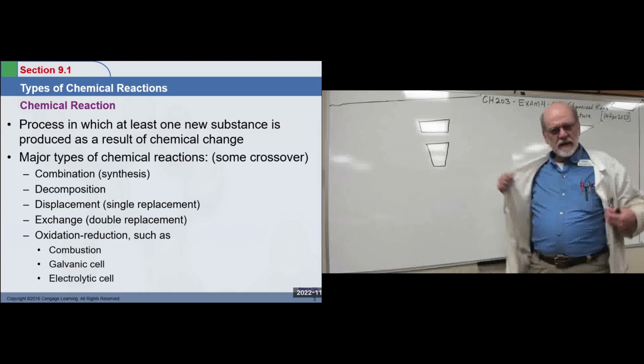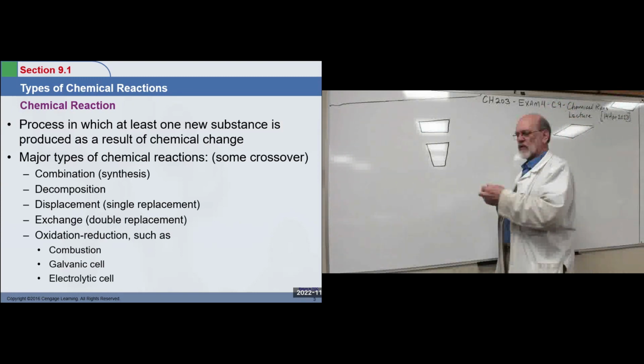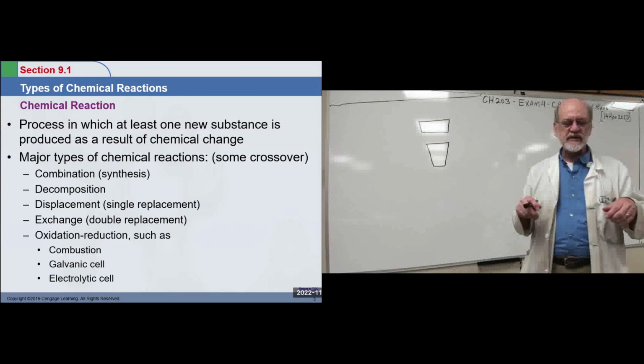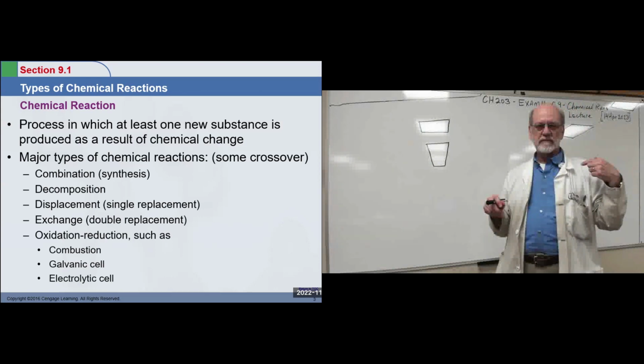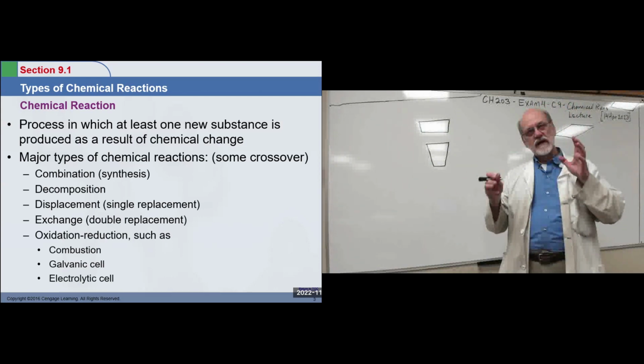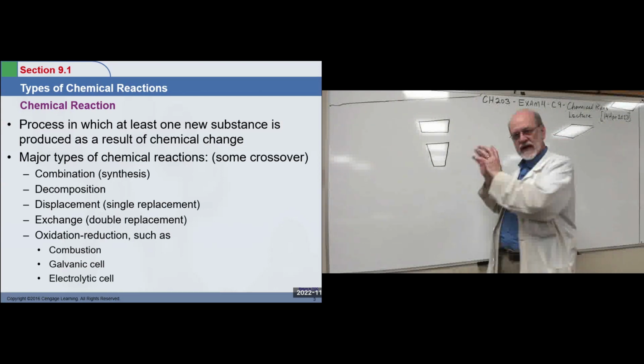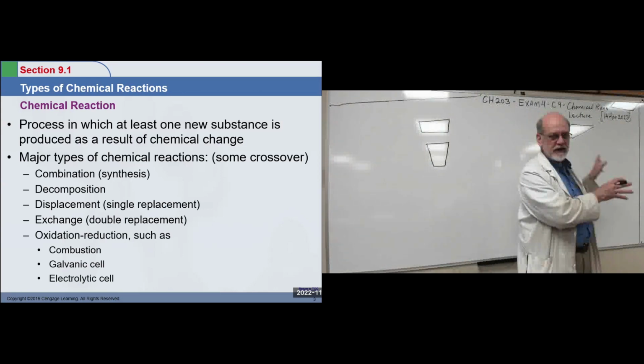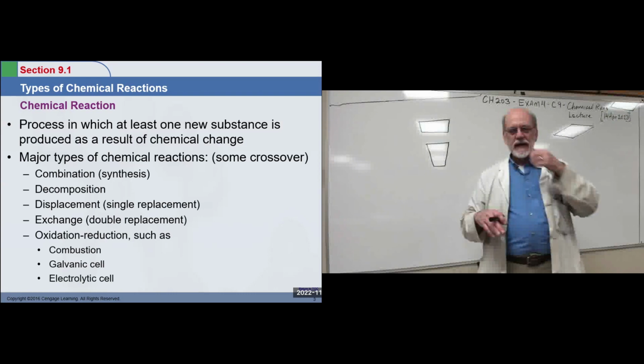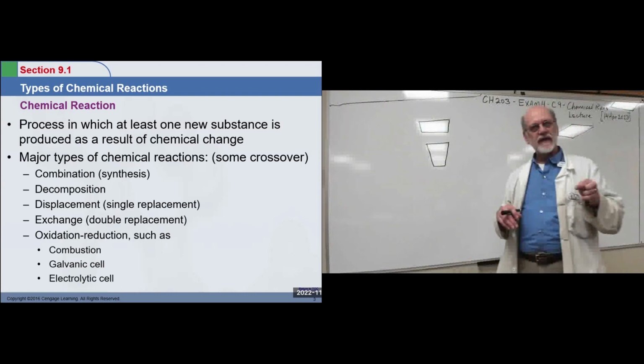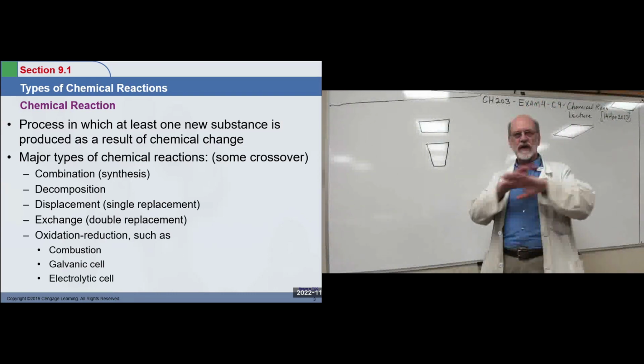Now we've classified chemical reactions based upon a generic understanding of what has come together on the reactant side and what goes out on the product side. But keep in mind that these classifications can overlap.